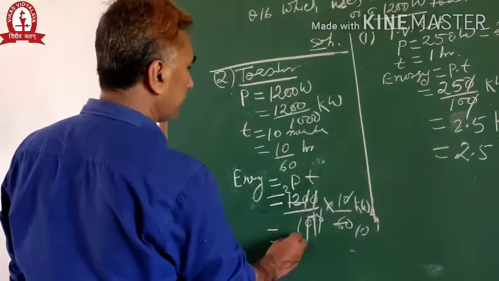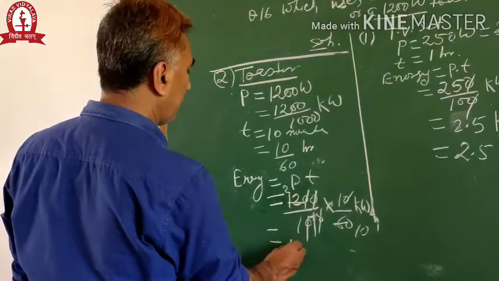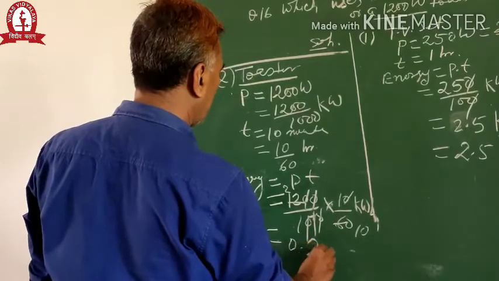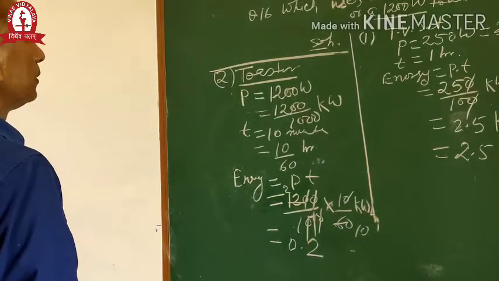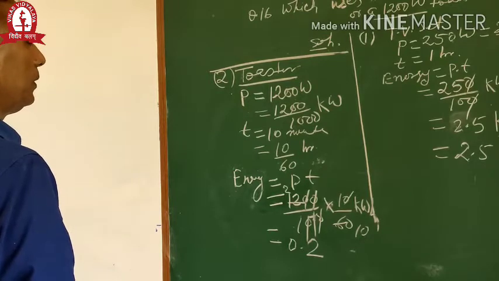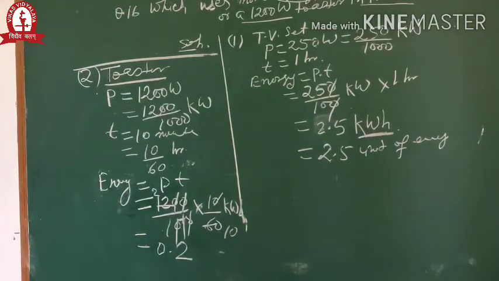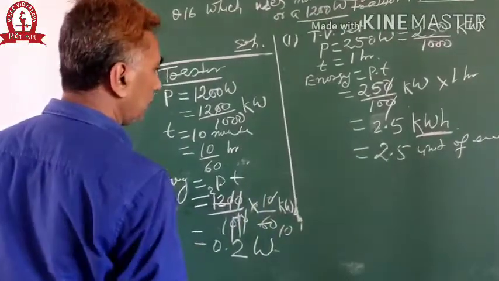This becomes 0.2. 1200 divided by 1000, 10 by 60, this becomes 0.2.